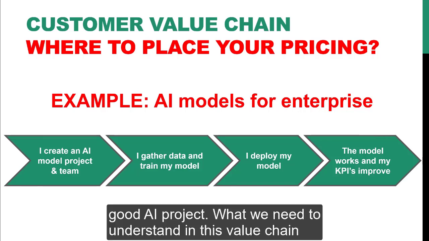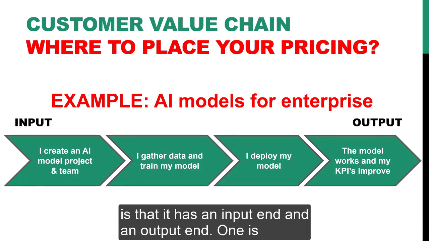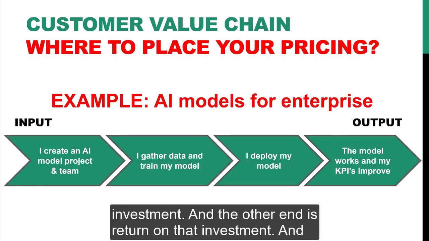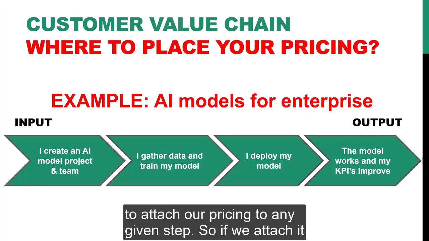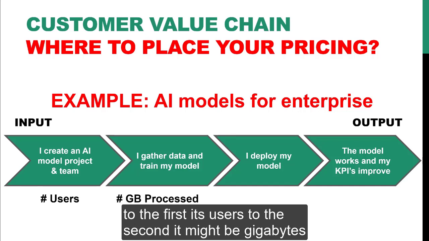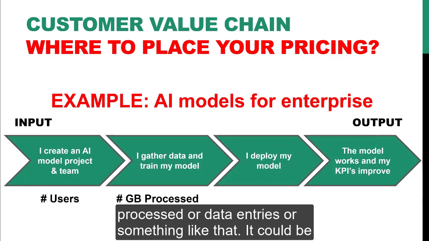Perfect. Good AI project. What we need to understand in this value chain is that it has an input end and an output end. One is investment and the other end is return on that investment. And if we support this value chain with our software, we get to attach our pricing to any given step. If we attach it to the first, it's users. To the second, it might be gigabytes processed or data entries or something like that.